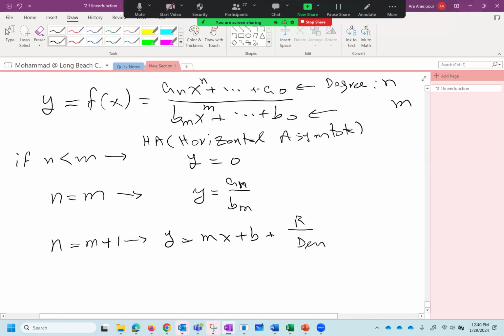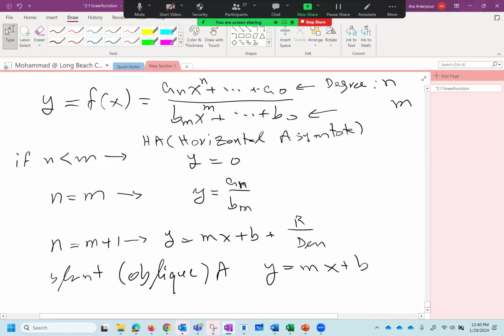Then we have a slant or oblique asymptote, y equals mx plus b. Of course, in the last case, the limit goes to infinity.